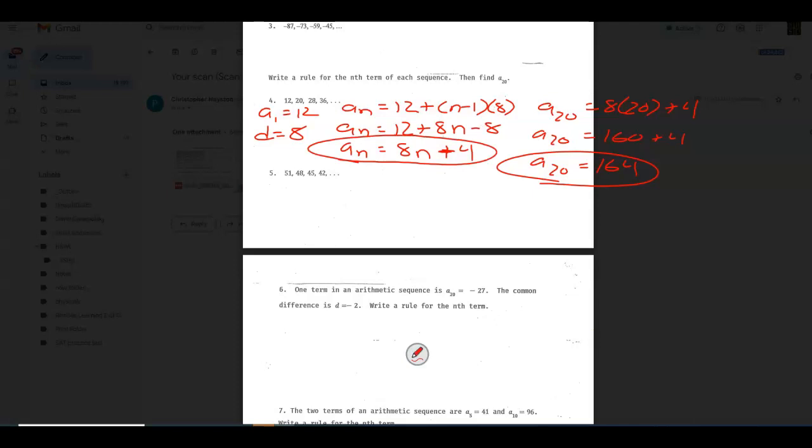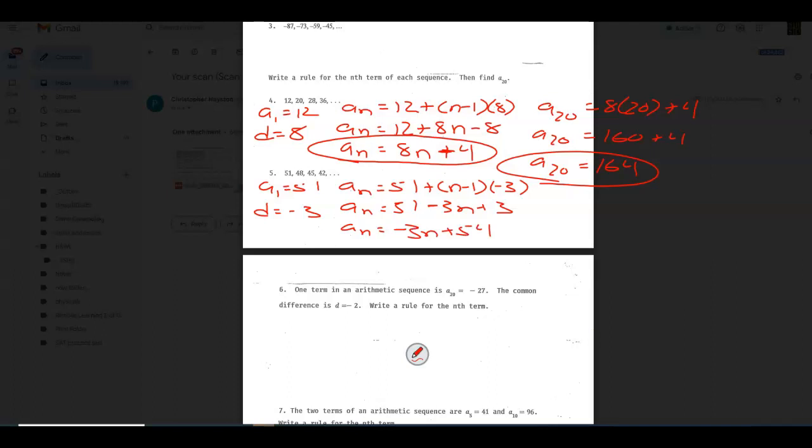Second one here, my a_1 is 51, and my d is negative 3. a_n equals 51 plus n minus 1 times negative 3. 51 minus 3n plus 3, negative 3n plus 54.